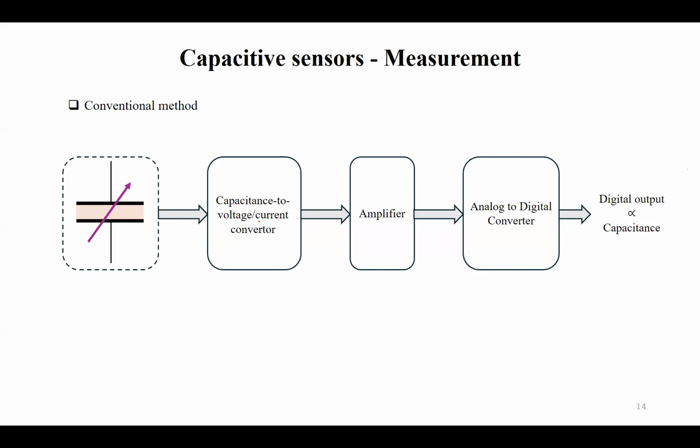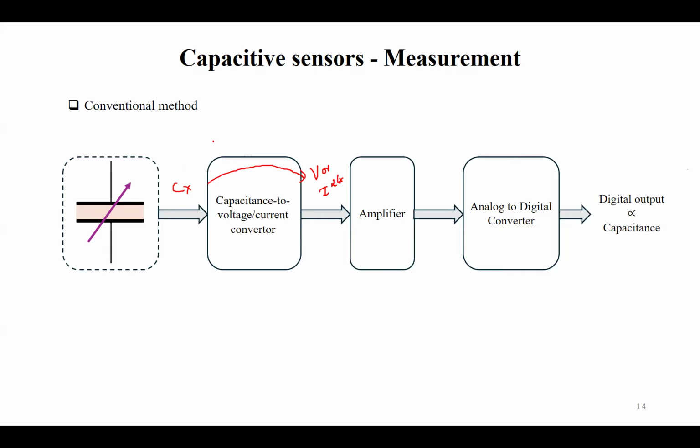So basically it will have 3 stages. That is, I will connect the capacitor to a capacitance to voltage or current converter. So the capacitance value will be converted to a corresponding voltage or current value, which is proportional to Cx.